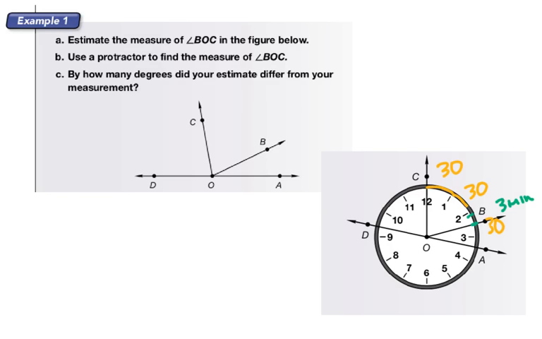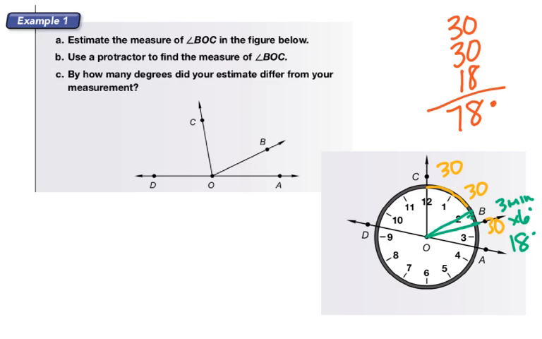So that would be 1, 2, 3, and each of those being 6 degrees. From here to here would give us an 18-degree angle. So now we can add those up. 30, 30, and 18. And we can say maybe it's about 78 degrees.